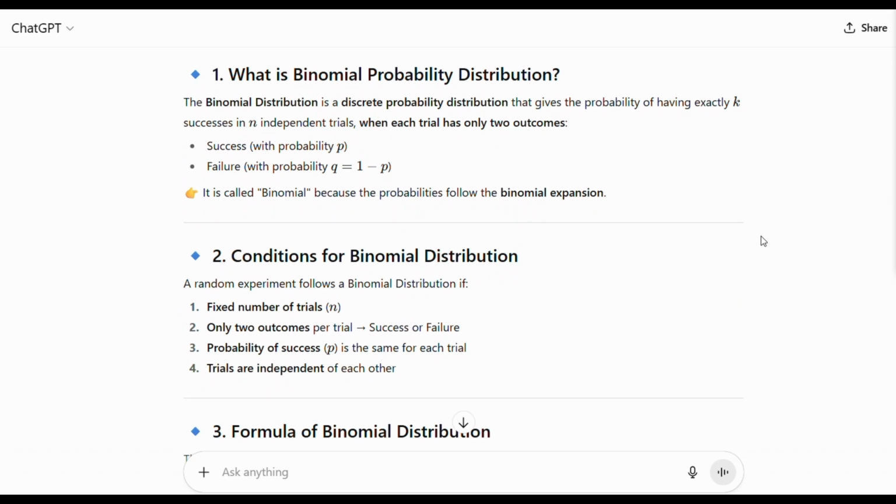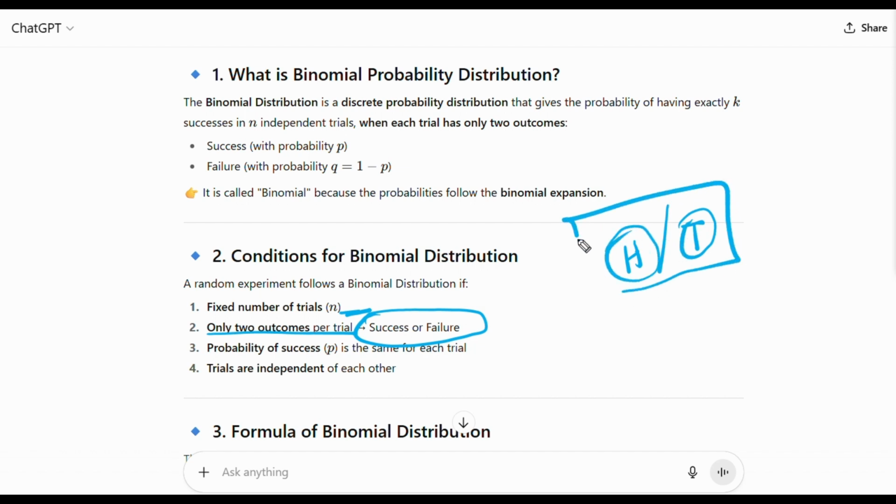Conditions for binomial distribution: there should be a fixed number of trials. The trials should be fixed, with only 2 outcomes per trial, maybe a success or a failure. For example, if you toss a coin, then maybe one head or one tail may come, right?